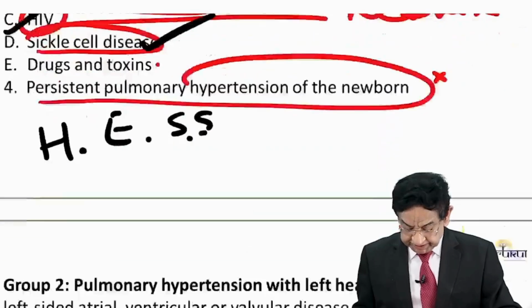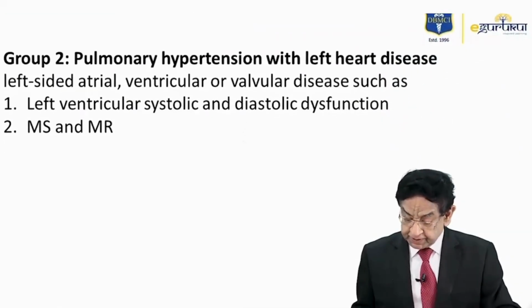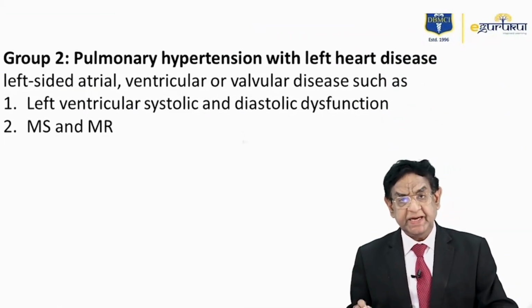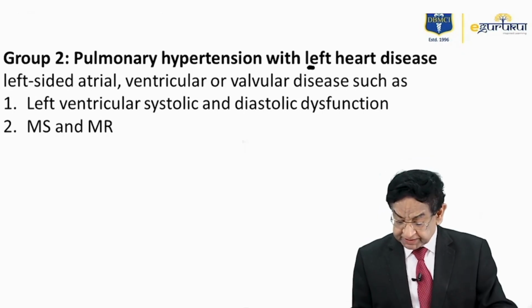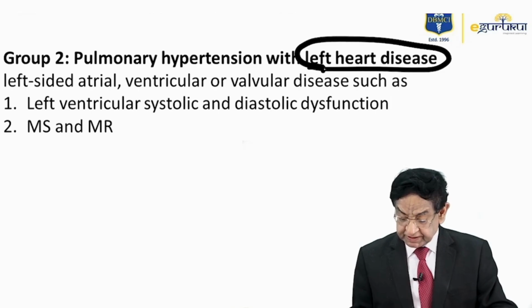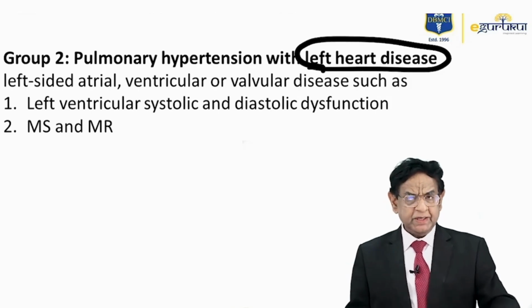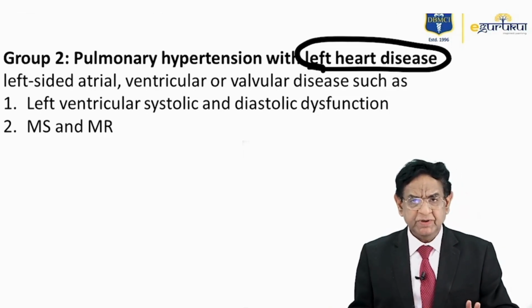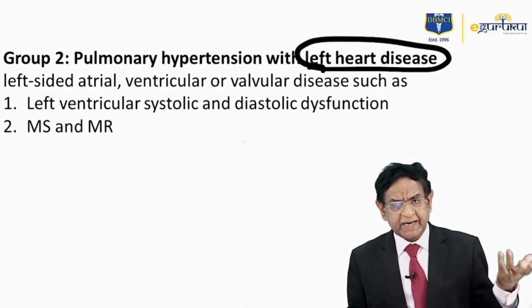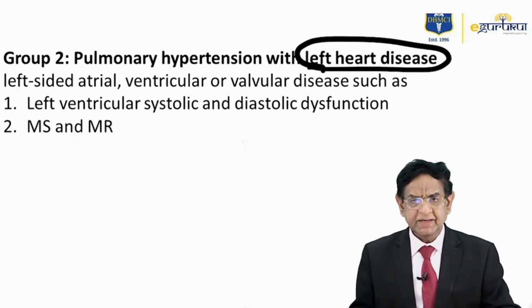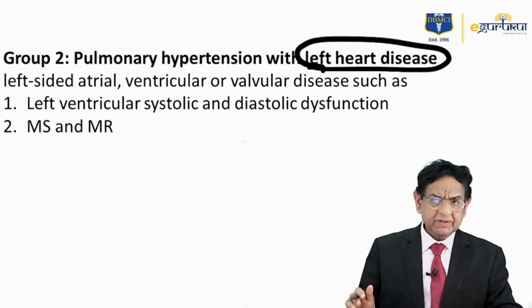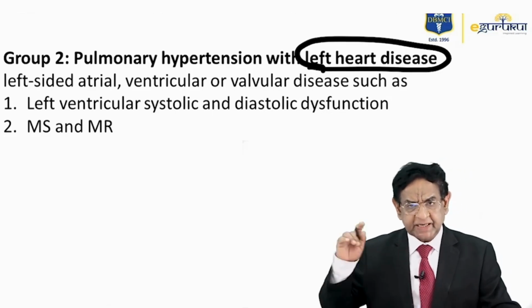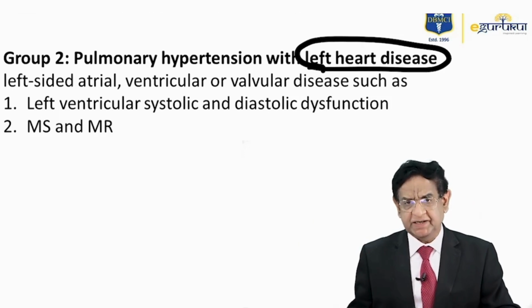Group 2, this is when the PAH occurs due to left heart disease. Point to be noted that we got cor pulmonale because of what? There was a problem of right-sided heart enlargement. But now we are talking about PAH secondary to left-sided heart disease.